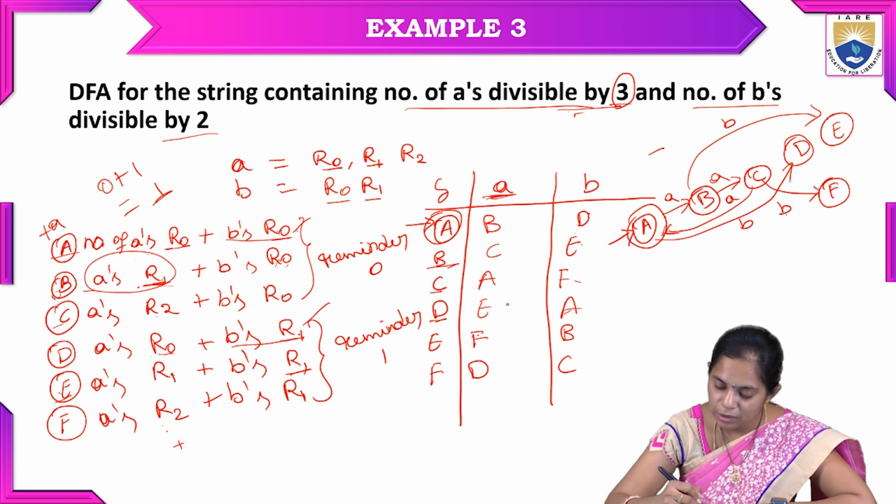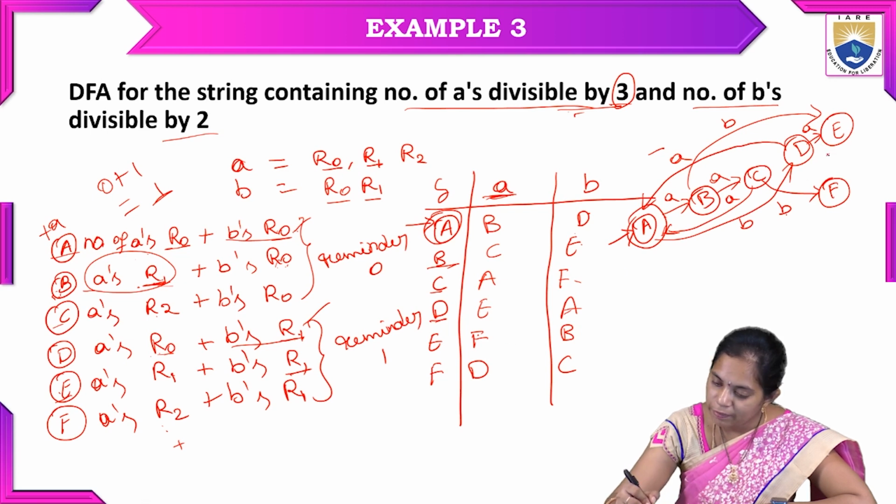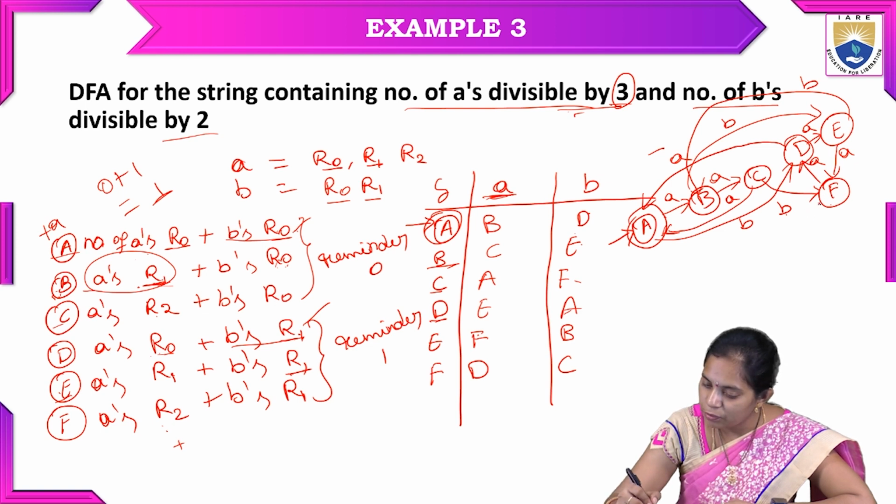And from the D state, with the A input symbol, and from D, if you give B as an input symbol, it is reaching A. From the E state, if you give A as an input symbol, it is reaching F, and for the B input symbol, it is reaching B. And from F, we need to give the A input symbol, and from F, we need to give the B input symbol.